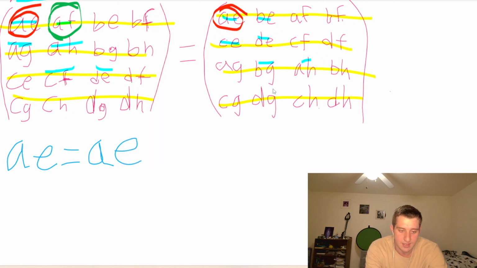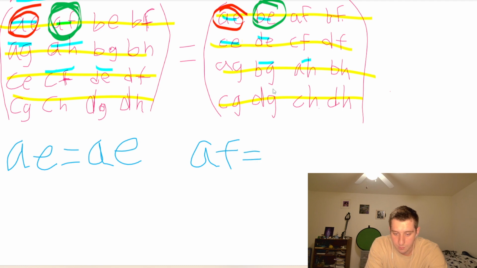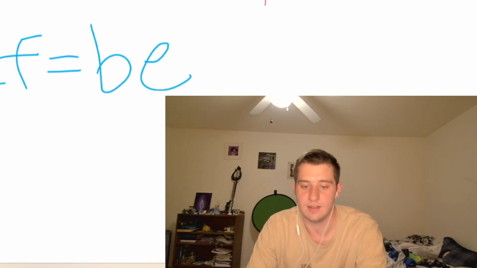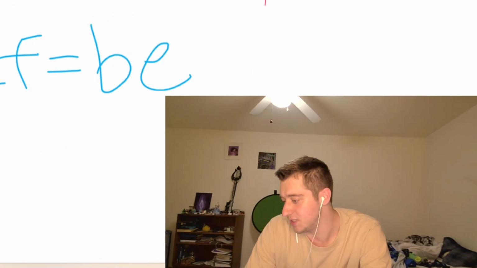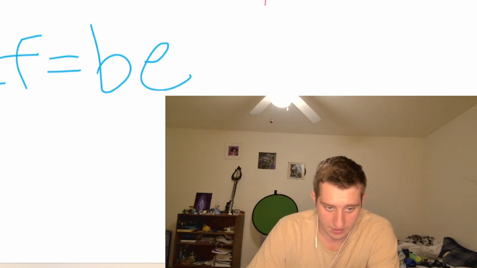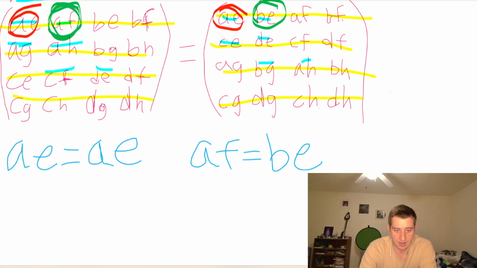So we have this number has to equal this number, okay? So writing that out, that's AF equals BE. And then just when you thought this was getting boring, this does get interesting, because the next thing we have to do, obviously, is make sure this equals this.